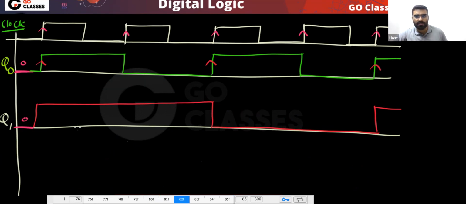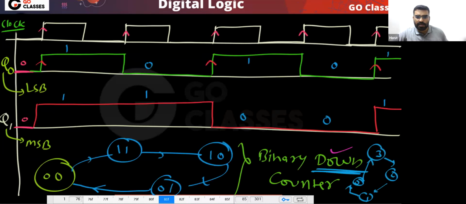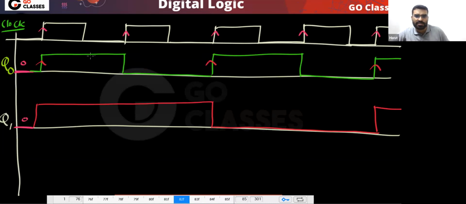One more interesting thing. What is the frequency of this? If the time period of the clock is T, now tell me, what is the time period of Q0?